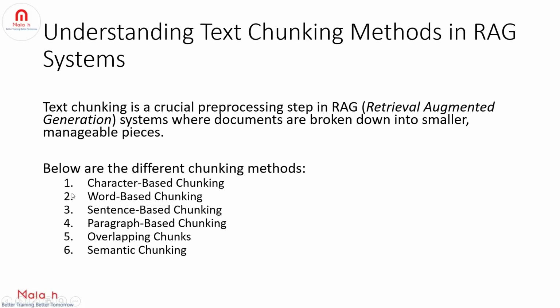We have different chunking methods: character-based chunking, word-based chunking, sentence-based chunking, paragraph-based chunking, overlapping chunking, and semantic chunking. We have already seen the recursive character text splitter, which we used in our RAG question answering project. Let me quickly show that so you can relate to it.